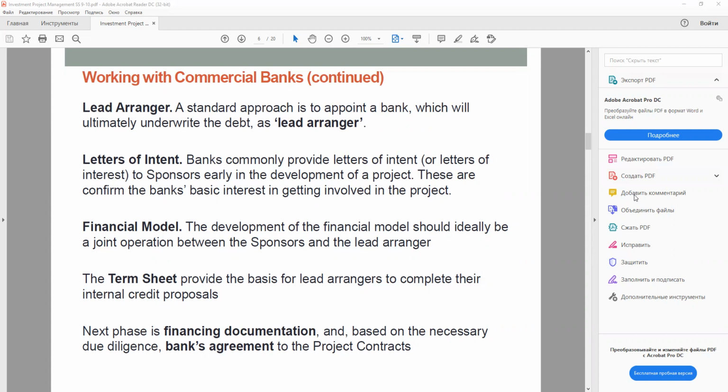On the other hand, a bank cannot obtain credit approval at the beginning of the development process because the structure of the transaction will probably not be sufficiently finalized. The sponsors, therefore, need to have confidence that the lead arranger has the experience and credibility to manage the internal review process.